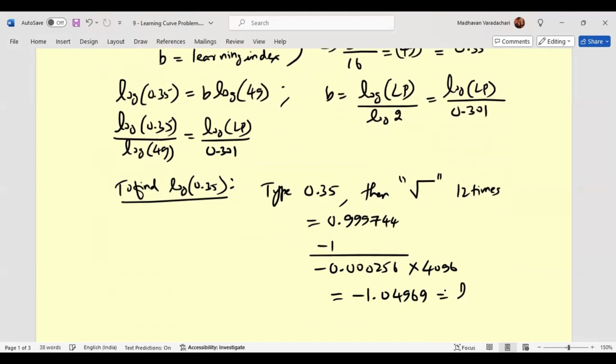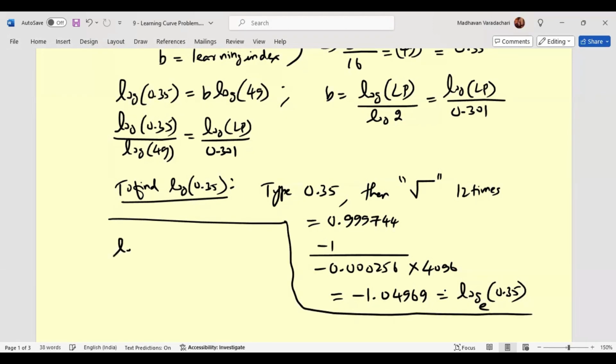This is nothing but logarithm of 0.35 to the base e. But we are interested in logarithm of 0.35 to the base 10.